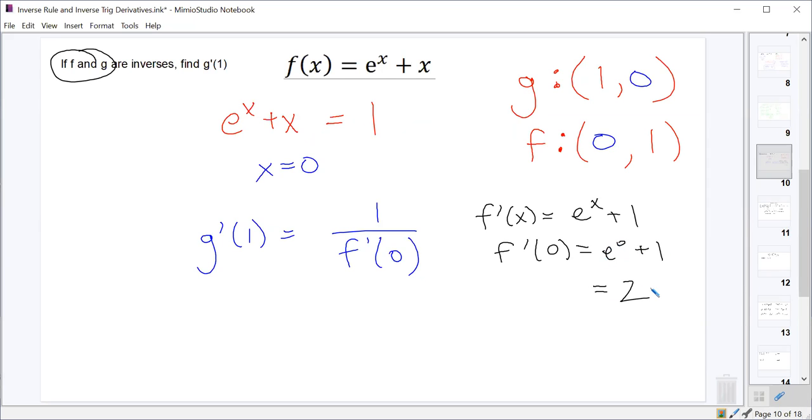Plus 1 is 2. So this gives us 1 over 2. Good or no? Any questions, any issues there?